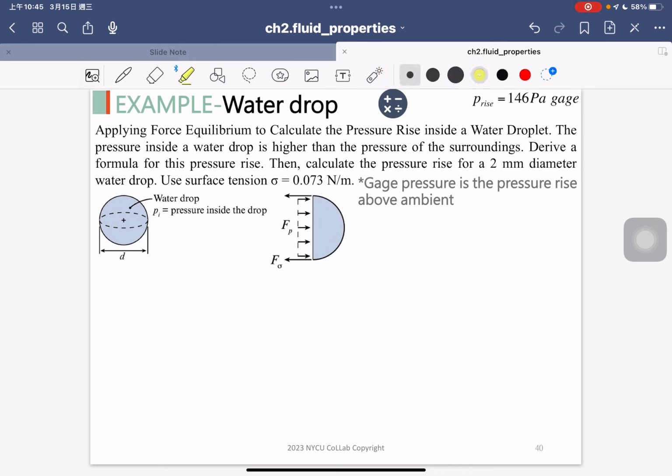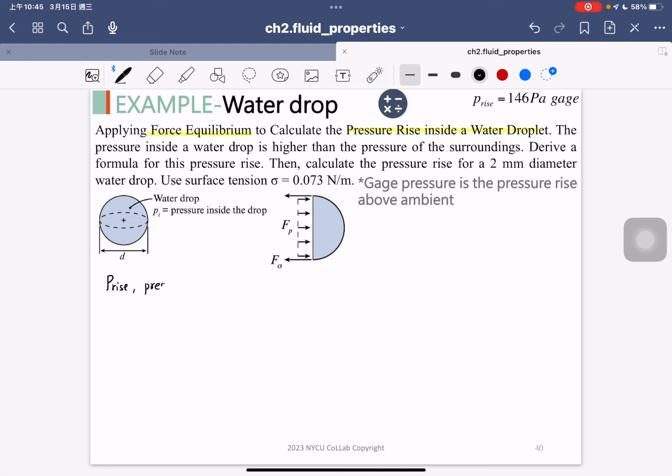Okay, and then you can see we want to apply the force equilibrium to calculate the pressure rise inside the water drop. So we write down our target. Our target is the pressure rise, okay?